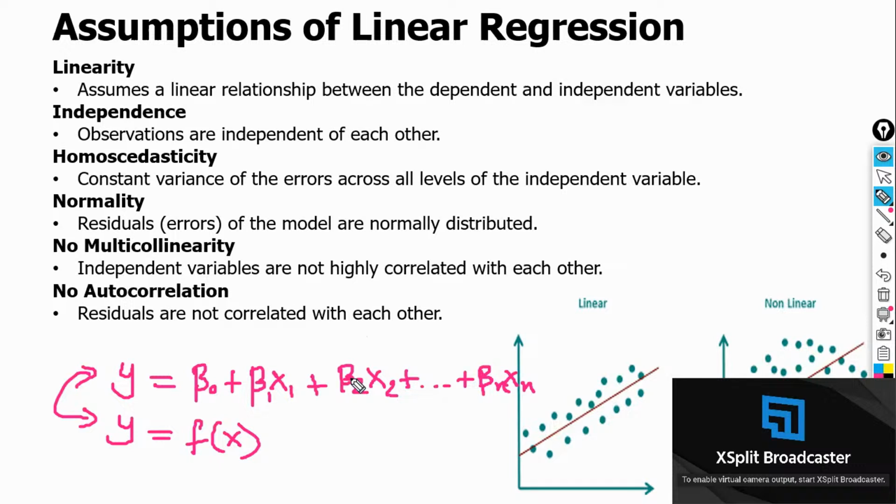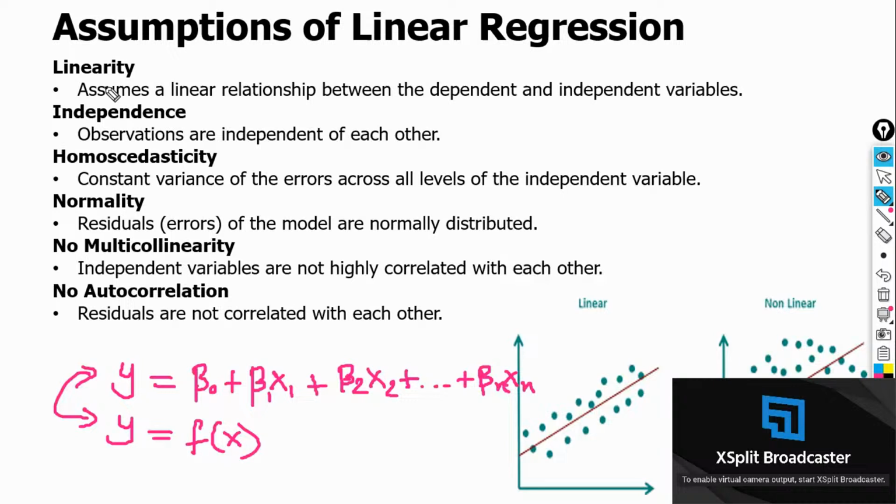Each and every variable will have a coefficient. How are these coefficients identified? What value should be placed in place of these coefficients? We'll understand how that particular line is built. But before that, we are supposed to understand the assumptions of linear regression.